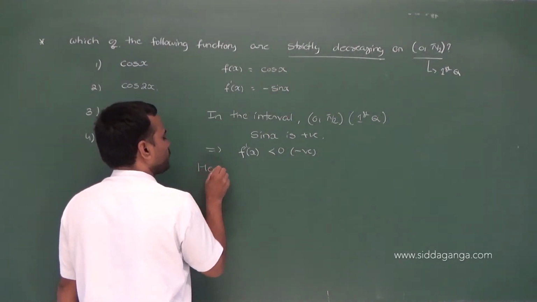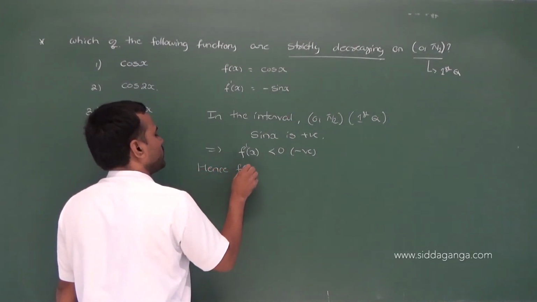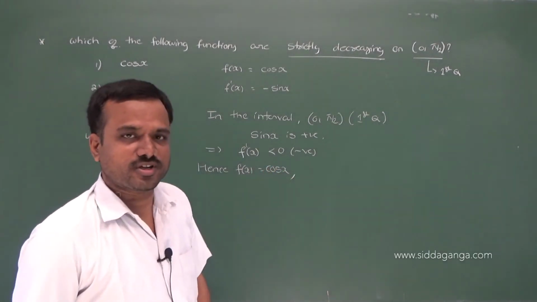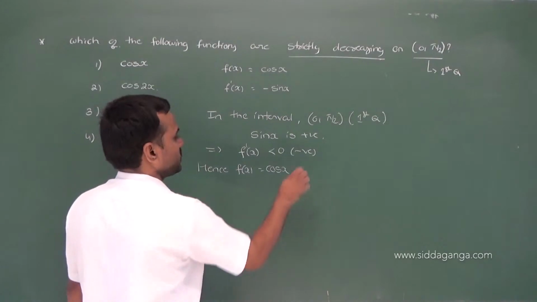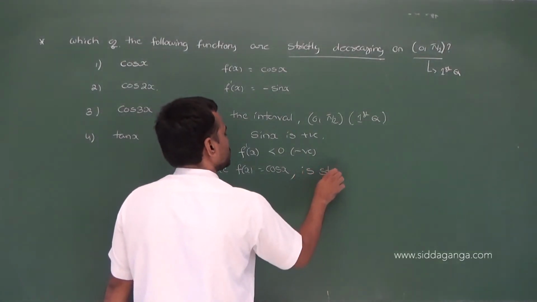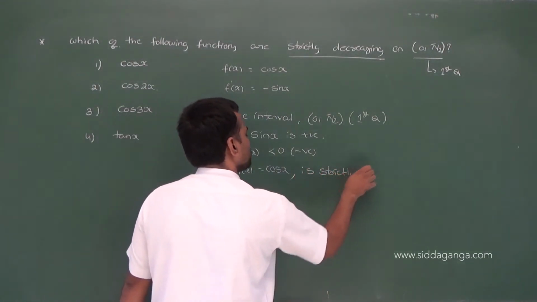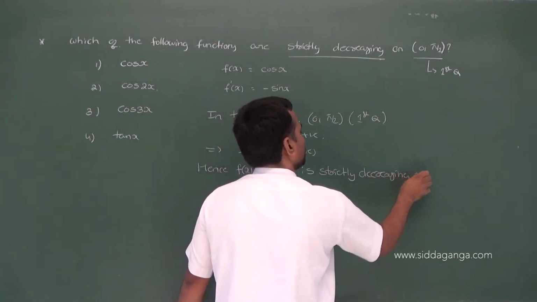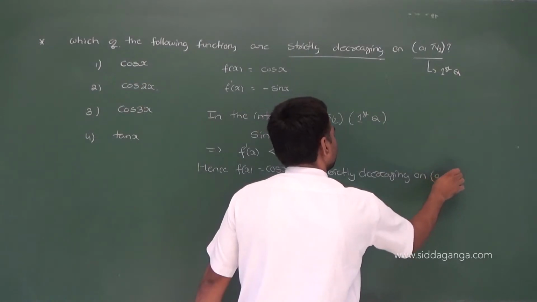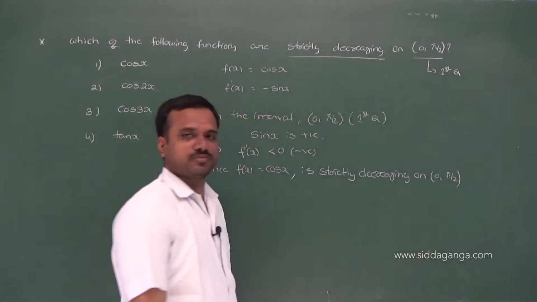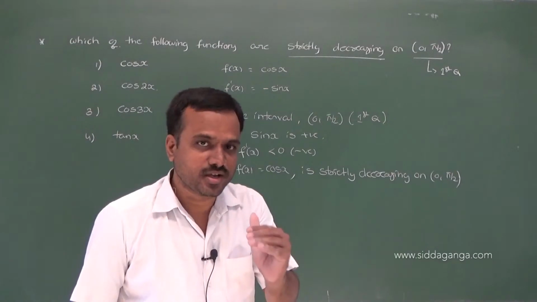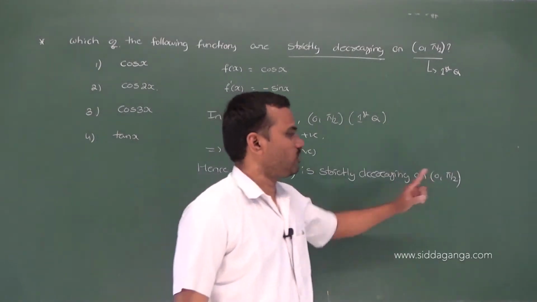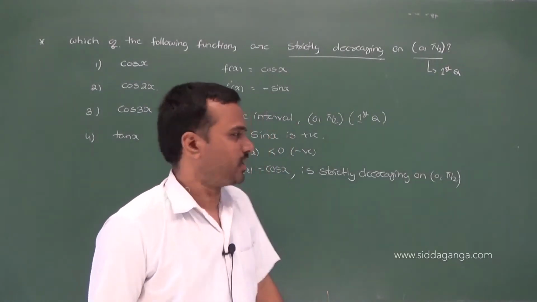Hence f of x is equal to cos x is strictly decreasing on 0 to pi by 2.